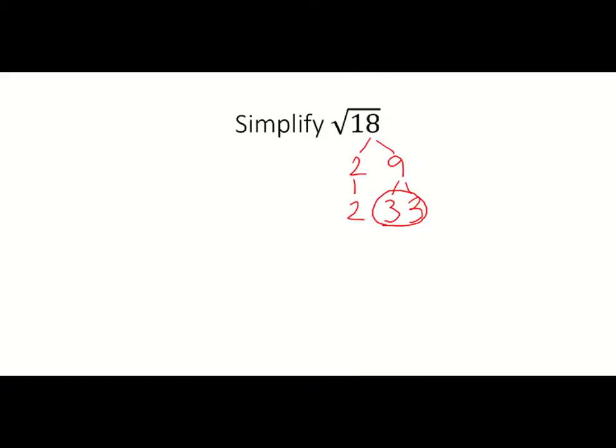That's what a square root means, 2. And then I'm underlining any number I don't use. Now, the number that I circled is going to be able to leave the square root because it had a buddy that it could travel with. But the number that I underlined has to stay under the square root because it didn't have a buddy to travel with. So the square root of 18 would simplify to the same thing as 3 square root 2.